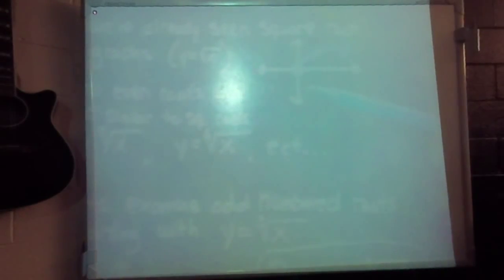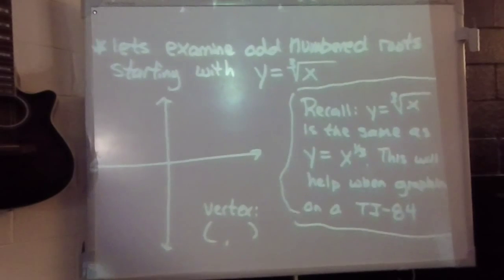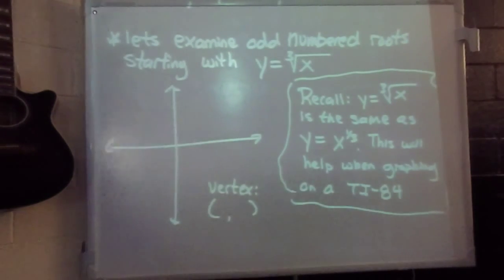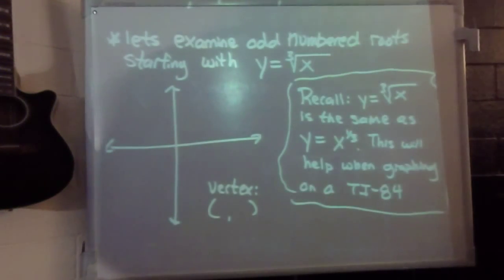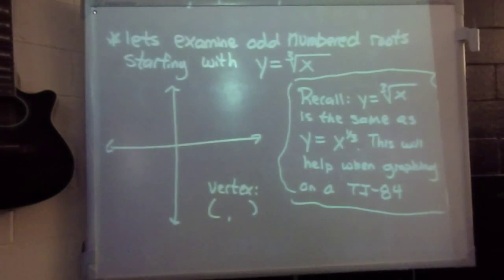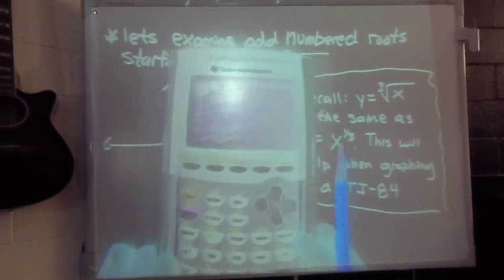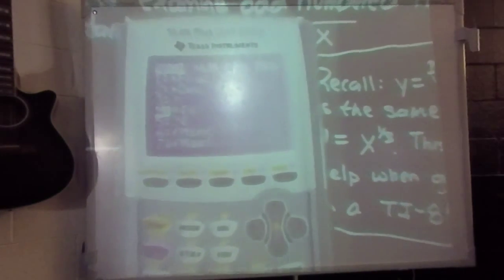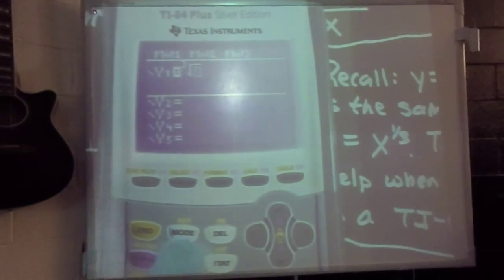Now the odd roots, because there are odd numbers, not just even numbers, are going to be a little bit different. So use your graphing calculator. Let's put in the cube root of x. Since we have a cube root button, we can just go ahead and hit that.